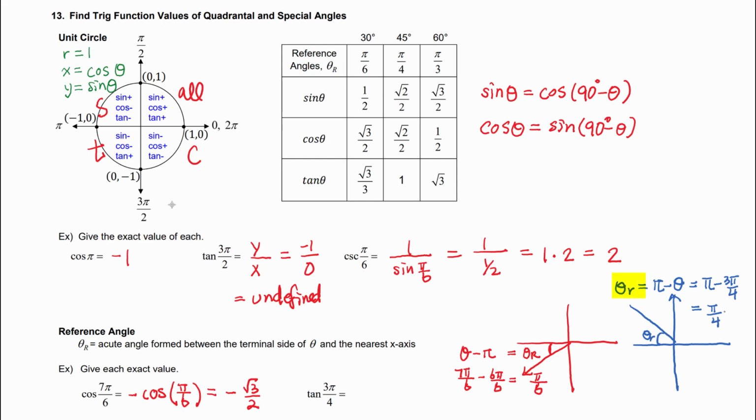So your theta r, the reference angle, is pi over 4. Now you can find the tangent of 3 pi over 4. Theta is in quadrant 2, so tangent theta is negative there since only the sine function is positive there. So the tangent of 3 pi over 4 will be negative, and we can use the tangent of the reference angle we found, pi over 4, and tangent of pi over 4 is 1. So tangent of 3 pi over 4 is negative 1.